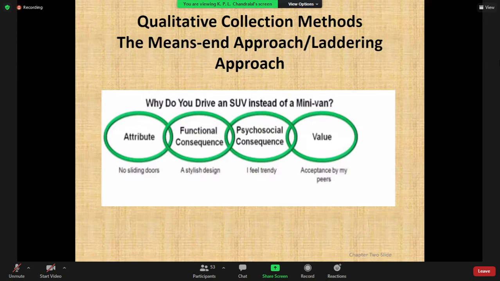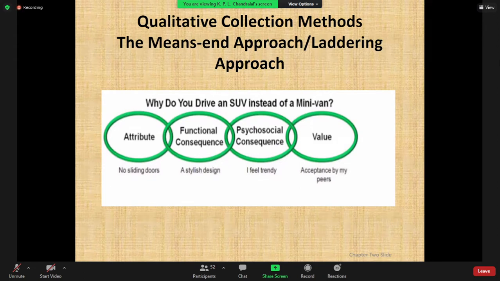That's what the customer thinks. Then when we continue the discussion, the customer knows that he feels trendy. That's why he has purchased it. We continue the discussion, and eventually the customer may think, oh, that is acceptance by my peers. So that's the way.